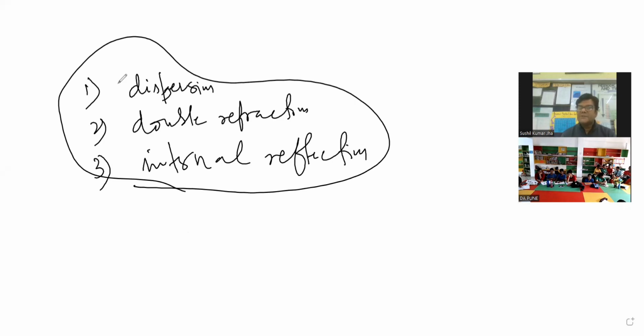First line, it is due to dispersion of light. When a ray of light strikes the surface, refraction takes place, and inside it gets reflected, which is called internal reflection, and finally it comes out after refraction. So refraction 2 times, so double refraction, and reflection 1 time, so internal reflection, and thus rainbow is formed.